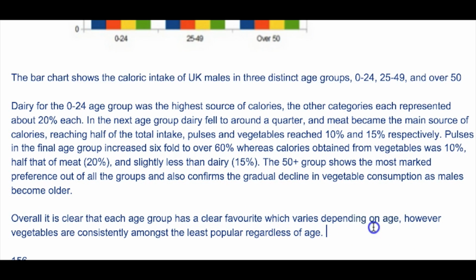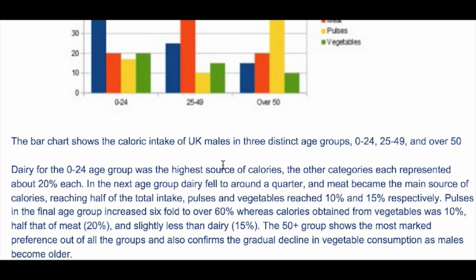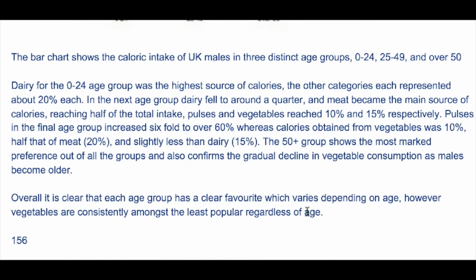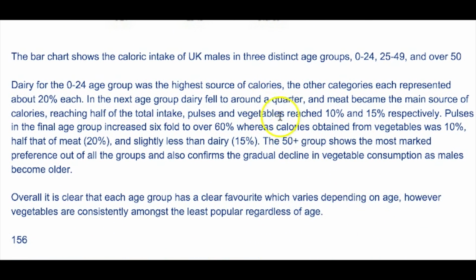What usually happens, I haven't said 0 to 24 meat, 25 to 49 dairy. I haven't repeated what I've already said here. I've just said there's a clear favourite, and I've also said vegetables are consistently amongst the least popular regardless of age.